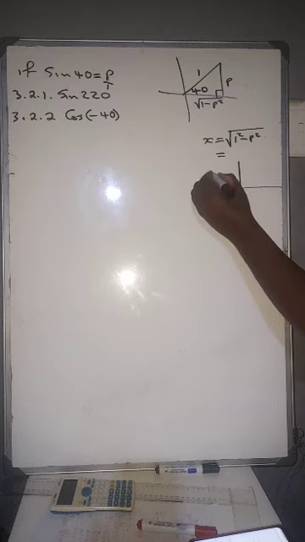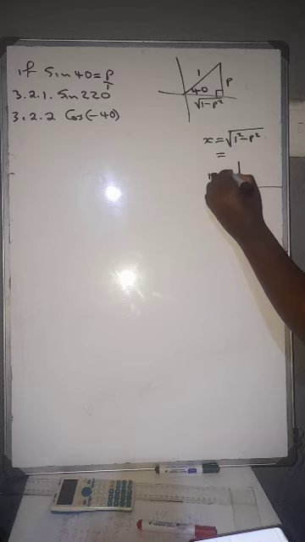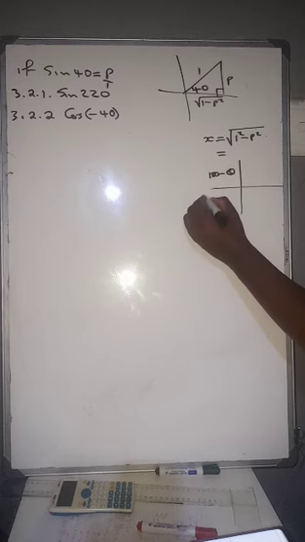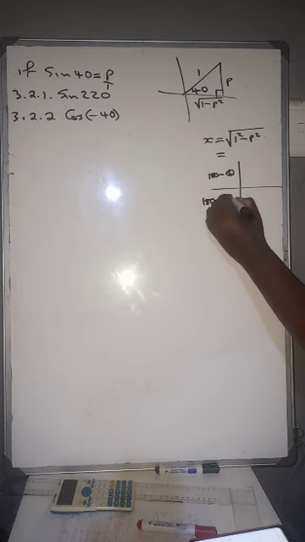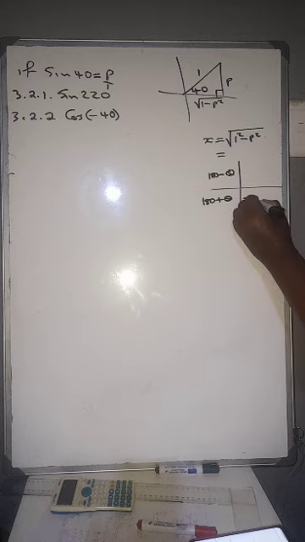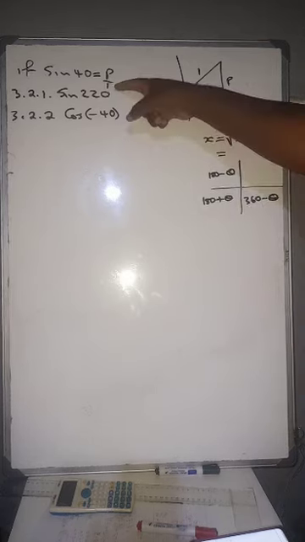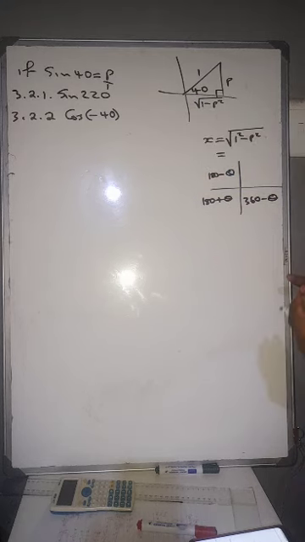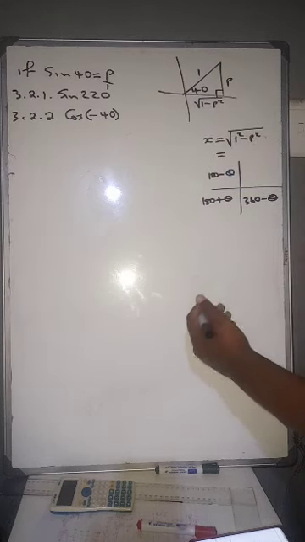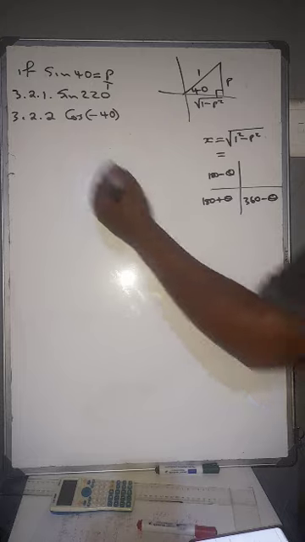220. This is first quadrant. This is 180 minus theta. This is 180 plus theta, and this is 360 minus theta. So this one is in the third quadrant, it is 180 plus theta, and our theta here is equal to 40.